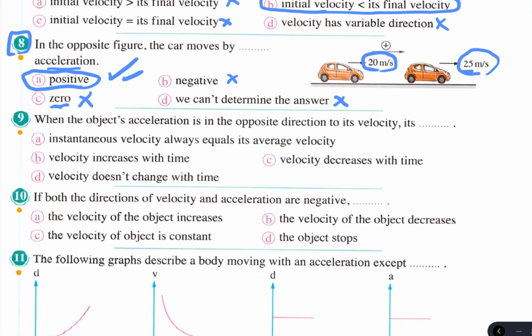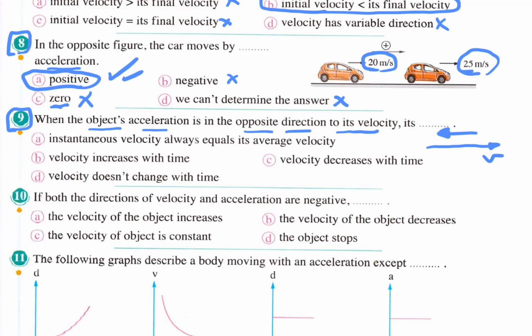Number 9: When the object's acceleration is in the opposite direction to its velocity, like the object moves toward the right, this is V, and the acceleration toward the left, that means the velocity decreases with time because the acceleration is in the opposite direction of the velocity.